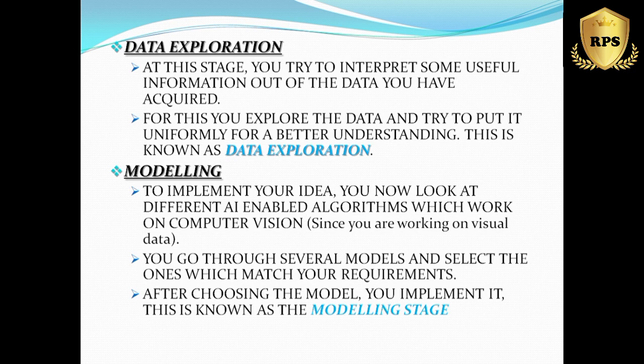There are two options in front of you: you go through several models and select one, getting a model which was pre-programmed or pre-built, or the second option, that you can build the model yourself. It will be a great opportunity for you. After choosing the model, you implement it. This is known as the modeling stage.